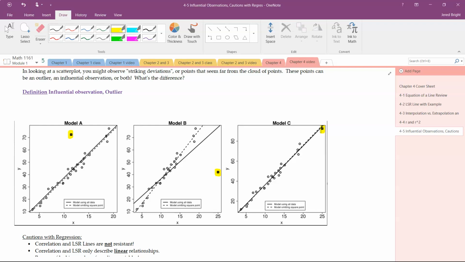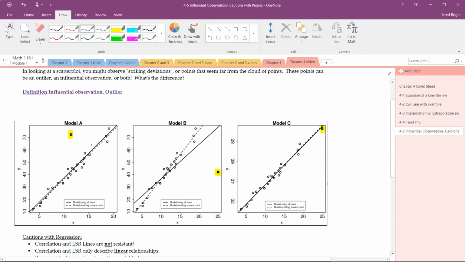Here in this first model, the solid black line is the LSR line we get using all the data, and the dashed line is what we would get if we removed the square observation.